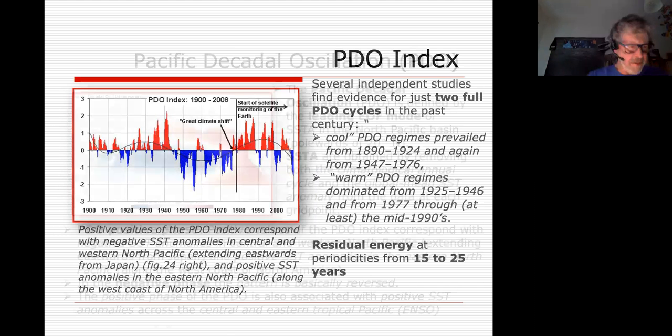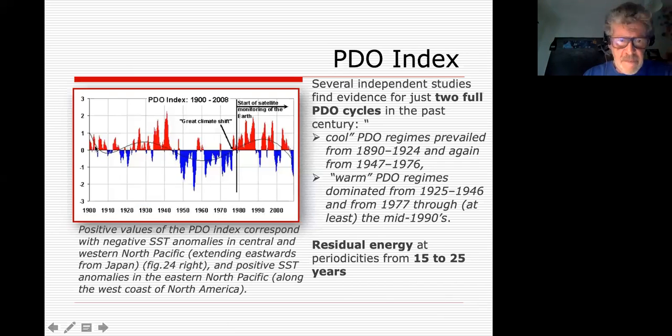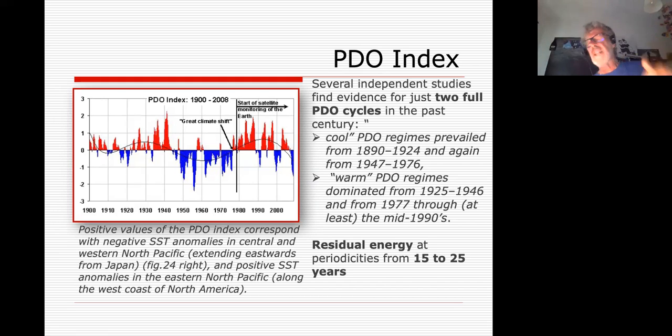As you can see here, you have a variety of oscillation at a higher frequency, but if you look at a broader scale or longer period, smoothing the annual data, there is a consensus to find two full PDO cycles in the past centuries, even if you can have more indirect evidence in the last millennium for this kind of variability.